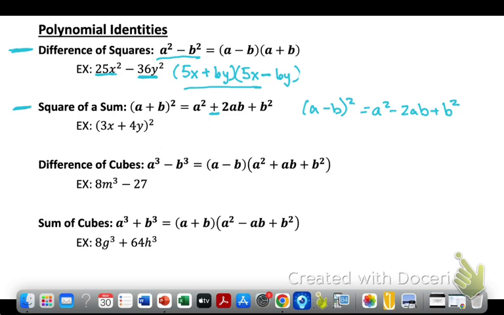Okay, so I have 3x plus 4y, squared. Now, that does mean I do 3x plus 4y times 3x plus 4y if I don't remember the rule. Yes? Okay, so if I do remember the rule, I square the first, which is what? 9x squared.